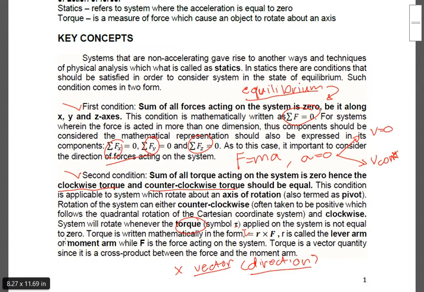Clockwise and counterclockwise are related to rotation, so this involves rotation.